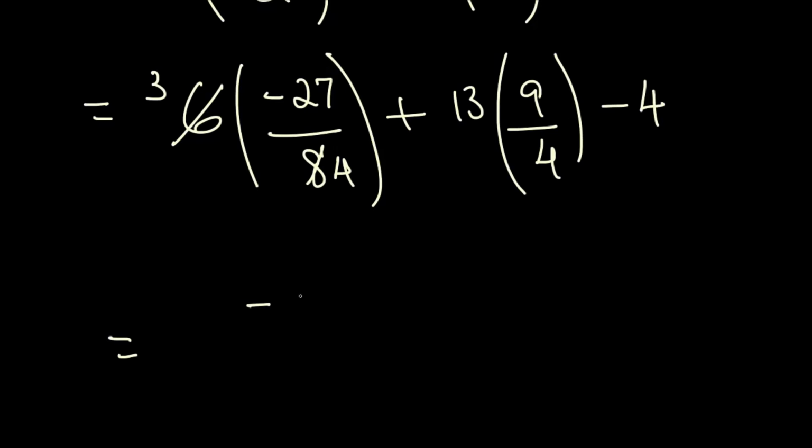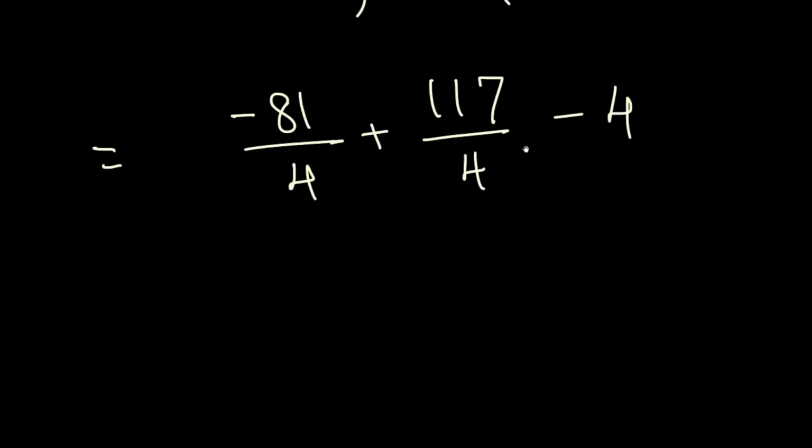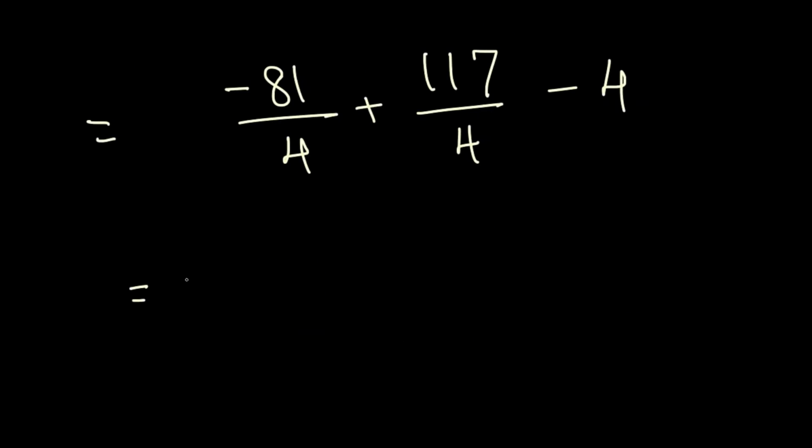Negative 27 times 3 is negative 81 over 4, plus 13 times 9, which is 117, over 4, and minus 4. Keep moving along. Remember, this is C2. You have a calculator in the exam. I can't show you a calculator on screen, so it is more difficult for me.